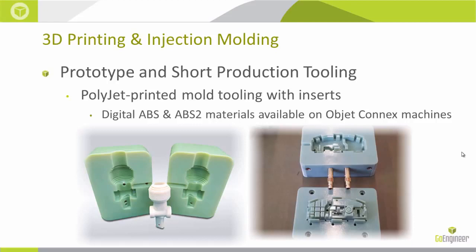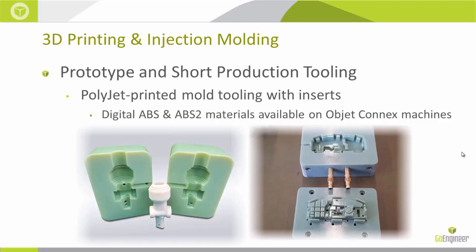But here what we're doing is we're printing the core, we're printing the cavity, we're mating them up together. We're not touching, there's zero hand finishing on these parts. The only thing we might be doing is adding the inserts that we talked about earlier, the gate system, the sliders, the injection pins. We would be adding those to the digital prints, and these would be inserts into the mold.